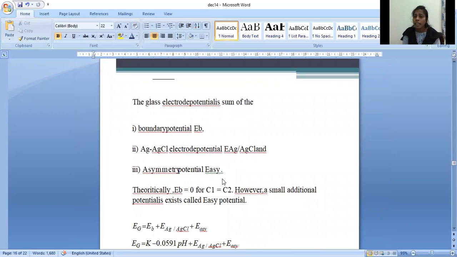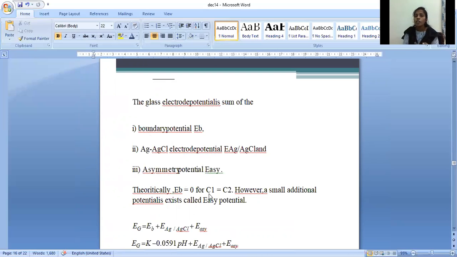But here the glass electrode potential is the sum of the boundary potential and others. Now you know what the boundary potential is: it is the potential that arises at the glass membrane when the two solutions' concentrations are different. So the glass electrode potential is the sum of the boundary potential, the silver chloride electrode potential, and the asymmetric potential.